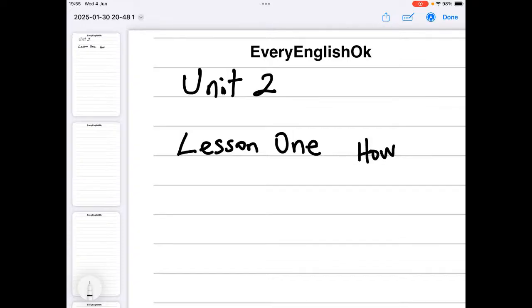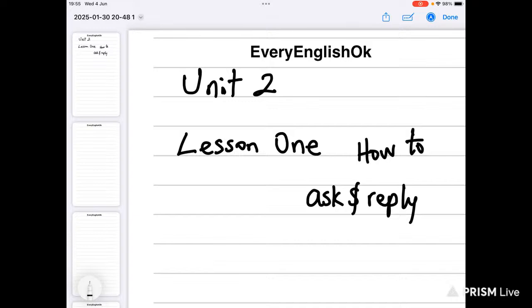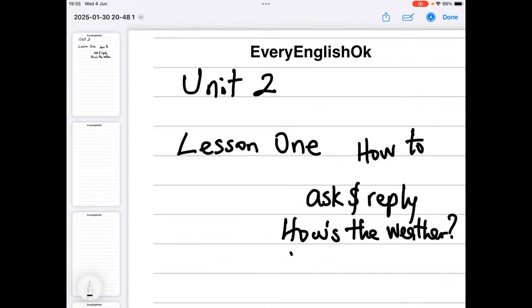This target, usually they call it meate, so it is always written in Japanese. How to ask and reply. How is the weather? It's da da da.